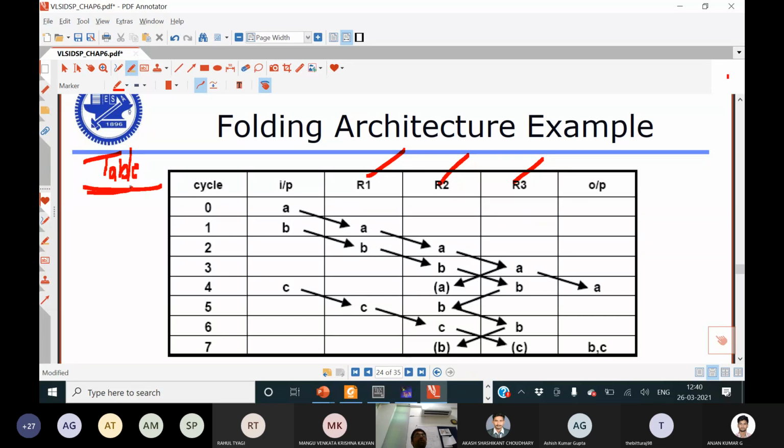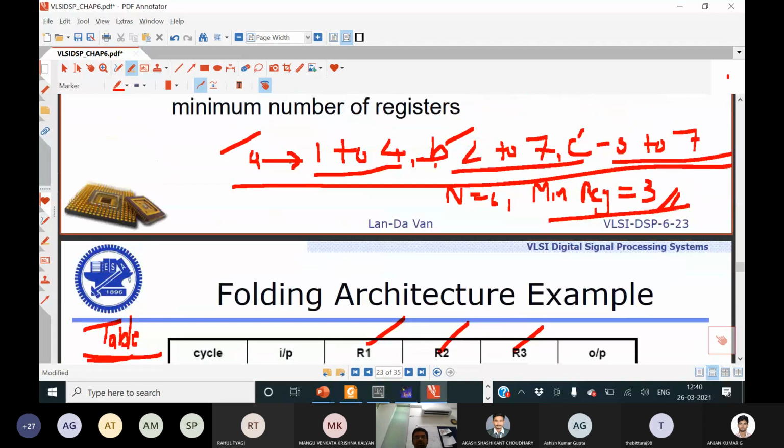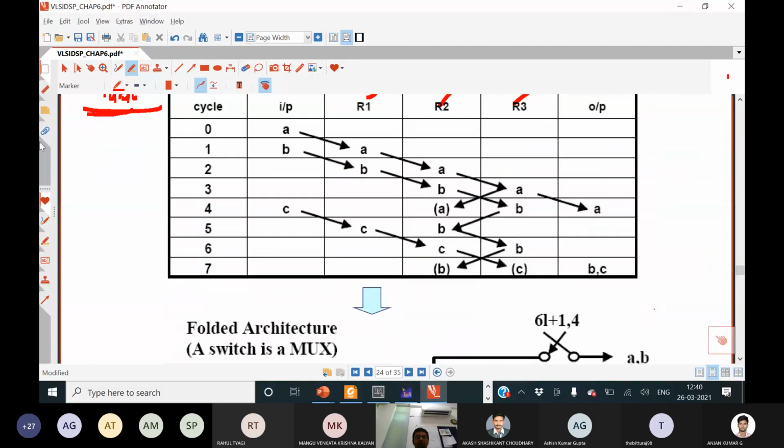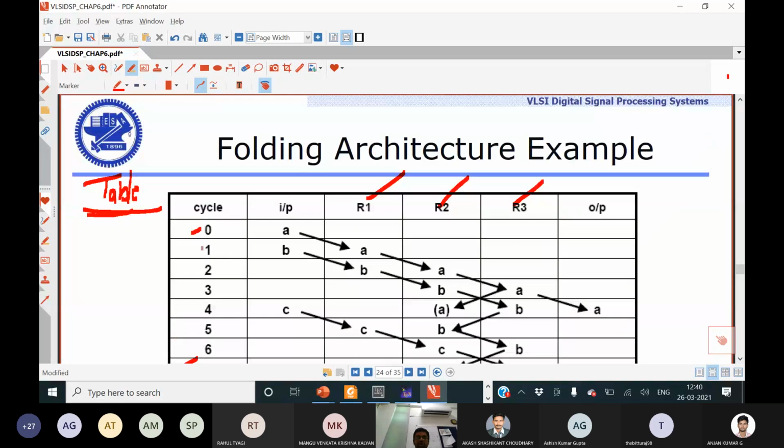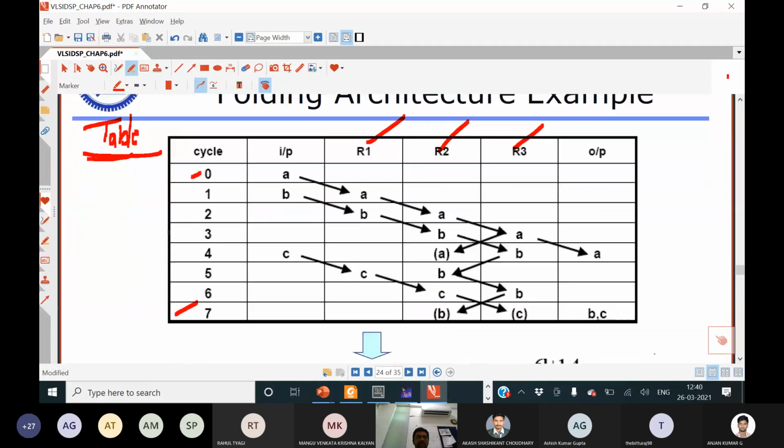Now these 3 registers I need to allocate for different time intervals. How can I do it? That is what we want to see. Ultimately the life of C is up to 7, so I need to think about allocating from 0 to 7. In this table you have a number of rows and columns.